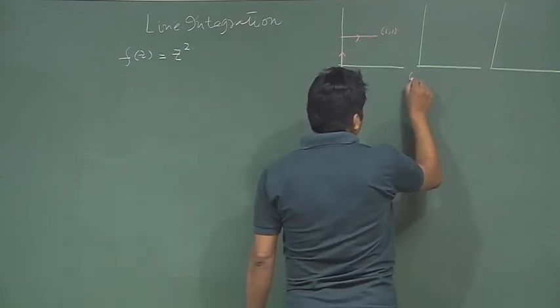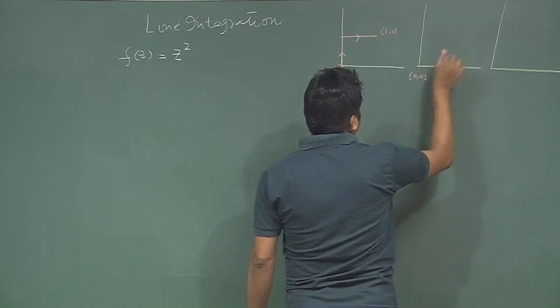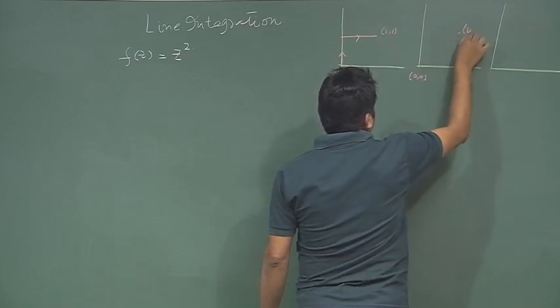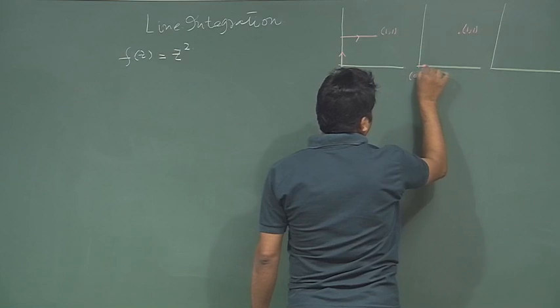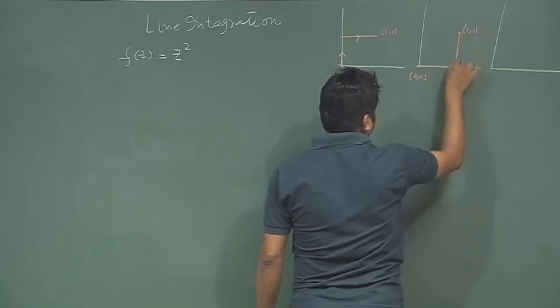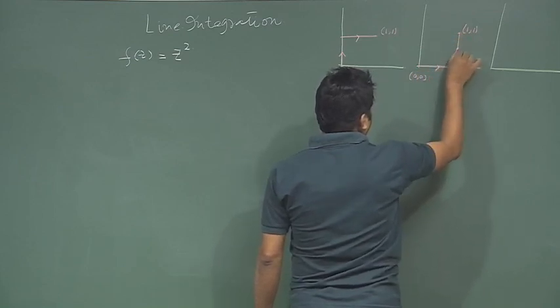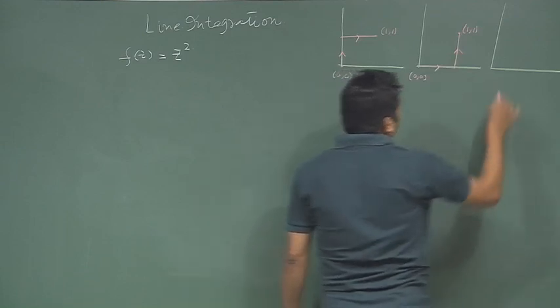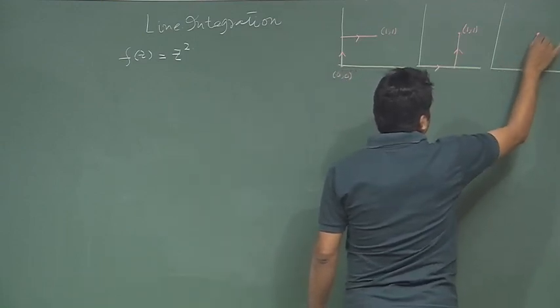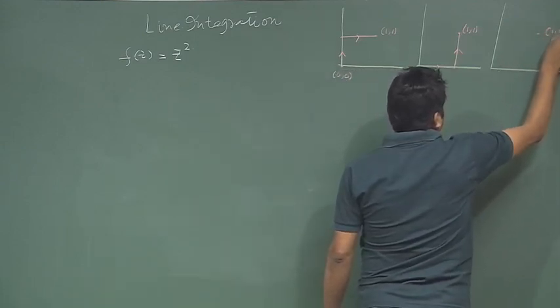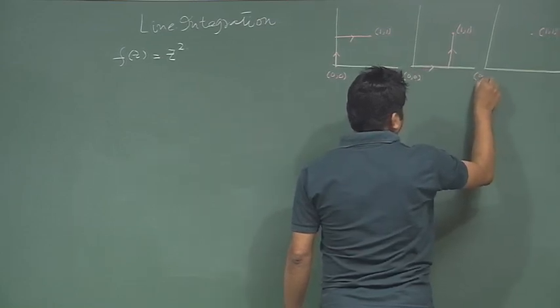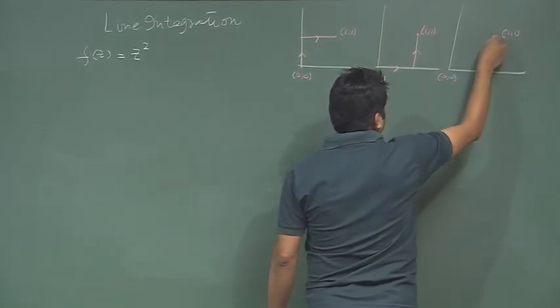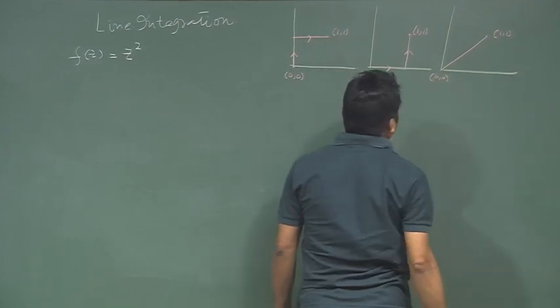Second path, this is 0, 0, this is 1, 1. Second path is this to this. And the third path is this.